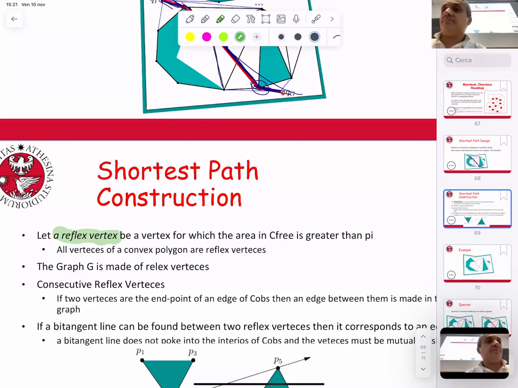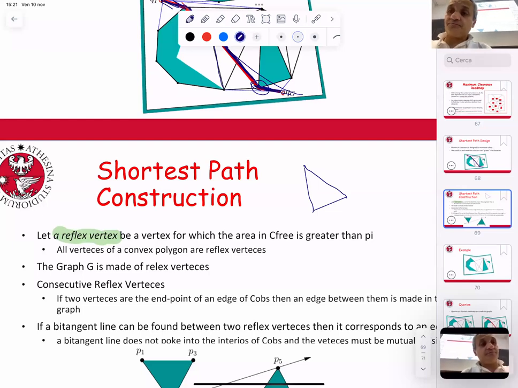So what does it mean? Consider this case. Suppose I have a figure like this. This is a triangle. This is the obstacle, and this is the configuration free space. Here, this angle is smaller than pi. Therefore, the angle outside, the angle that lies in the free space, is greater than pi. So this point is a reflex vertex. Okay?